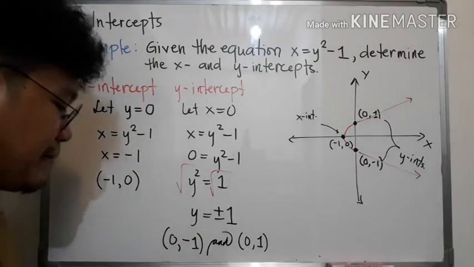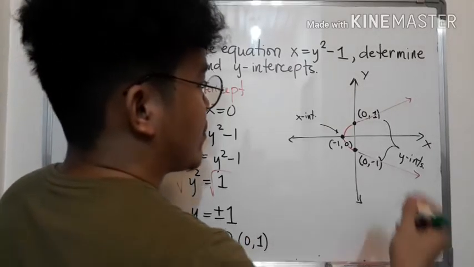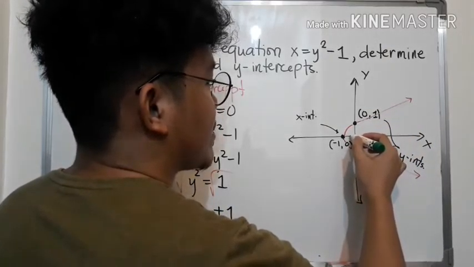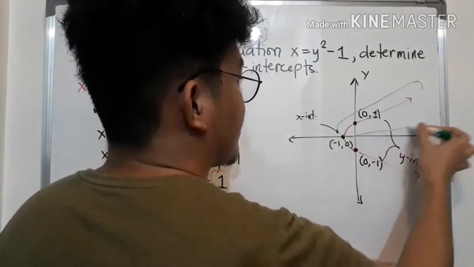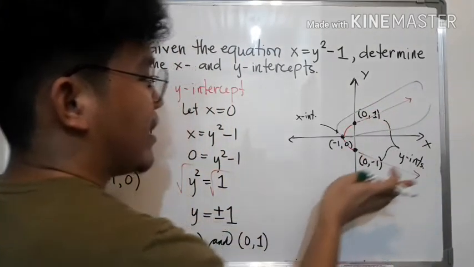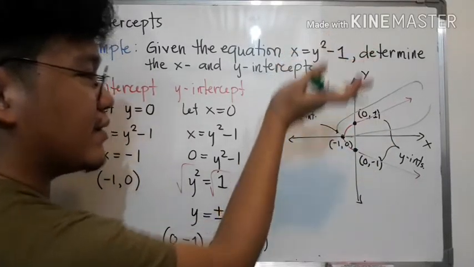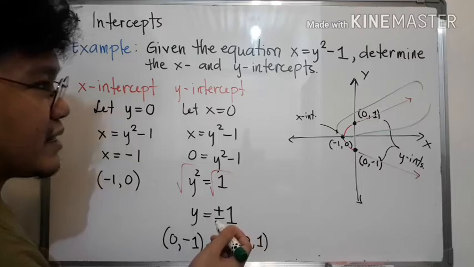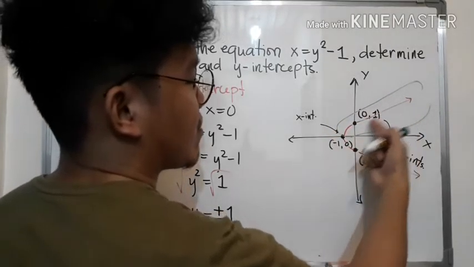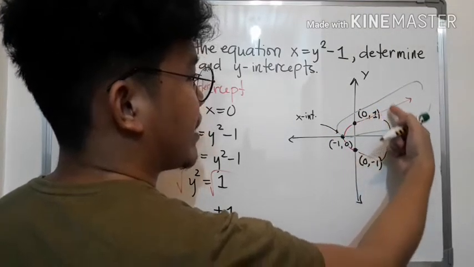For example, the part on top, the graph of this equation above the x-axis, is actually a function. It's a function, because it is one-to-one.